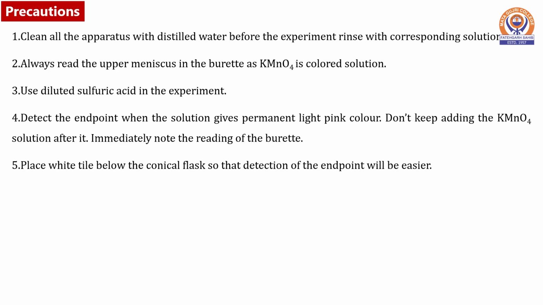Dilute sulfuric acid is used in the experiment in order to prevent the precipitation of manganese dioxide. Detect the endpoint when the solution gives permanent pink color, and don't keep adding the KMnO4 solution after it. Place white tile below the conical flask so that detection of endpoint is easier.